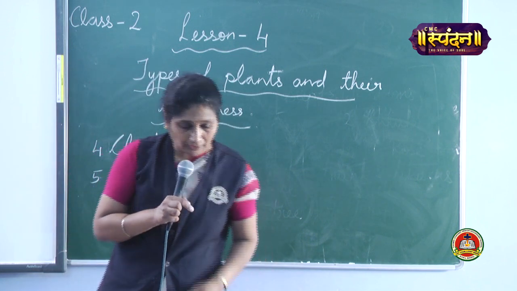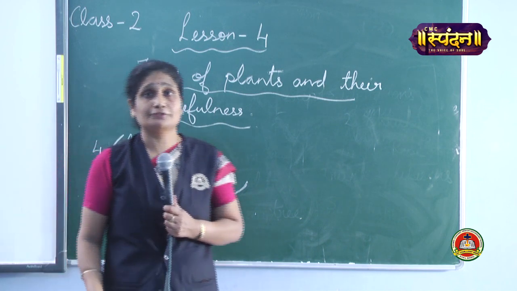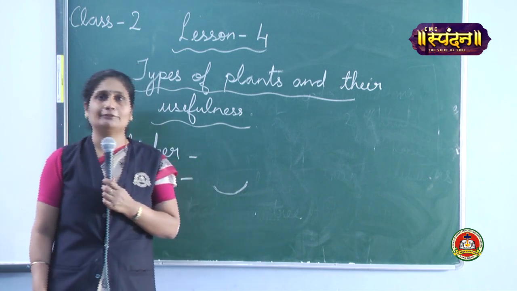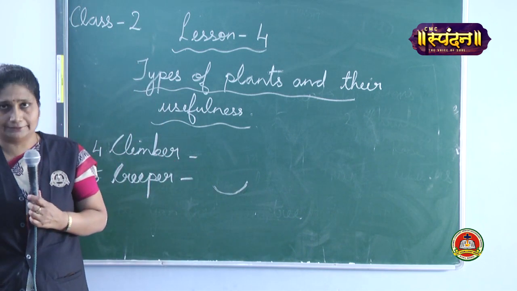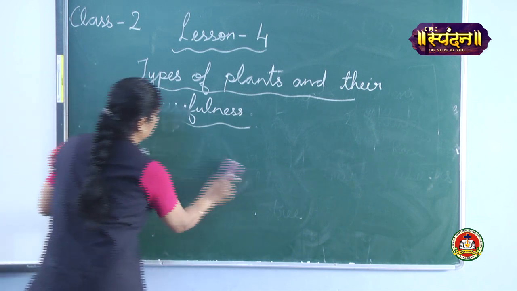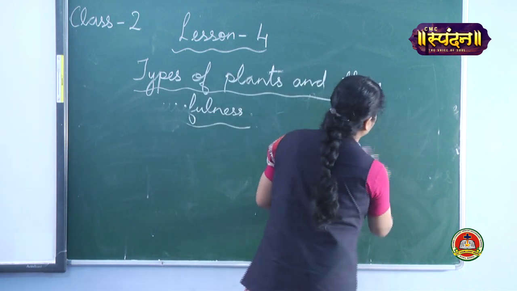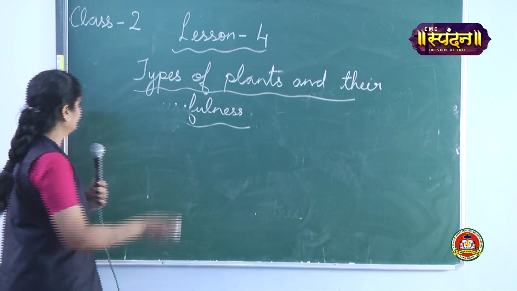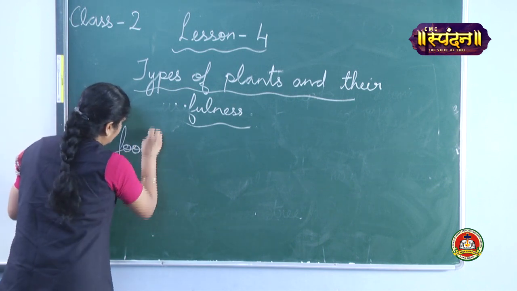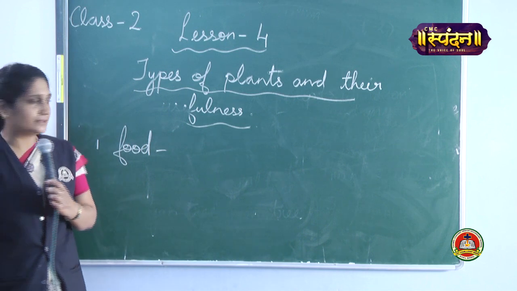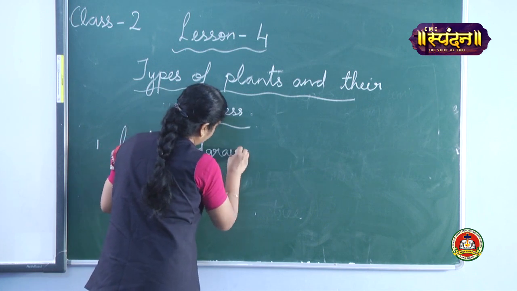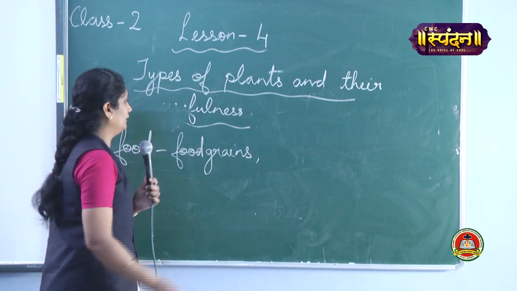Now all these plants are very useful to us, children. So we must take care of the plants because they give us so many things. What are the things they give us? They give us food, very good. Now what else do they give? They give us food in the form of food grains, and fruits.